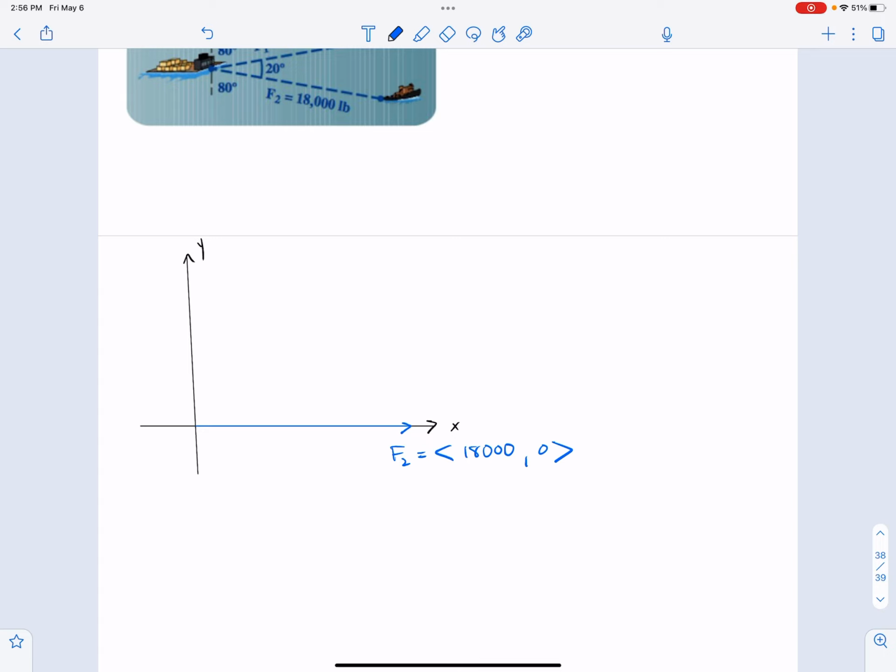And then F1 would have a direction angle of 20 degrees. And I know the magnitude of that force and also the direction angle. So F1 could be represented as 15,000 cosine of 20 degrees, comma, 15,000 sine of 20 degrees.